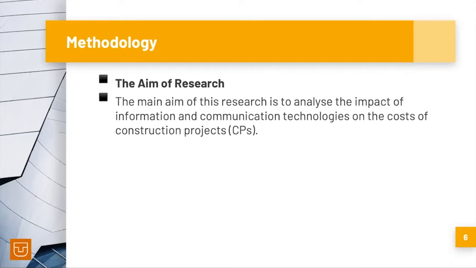This goal stems from thorough analysis of already implemented work as well as general knowledge from practice. This research is carried out in the conditions of the Slovak construction industry and takes these facts into account.